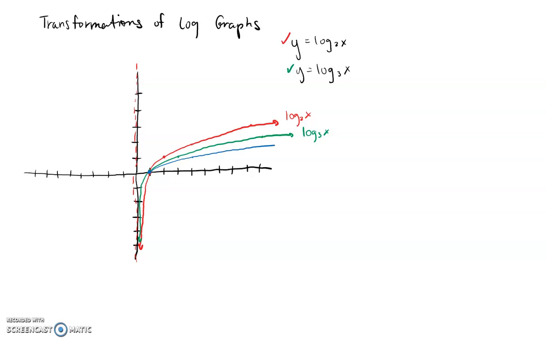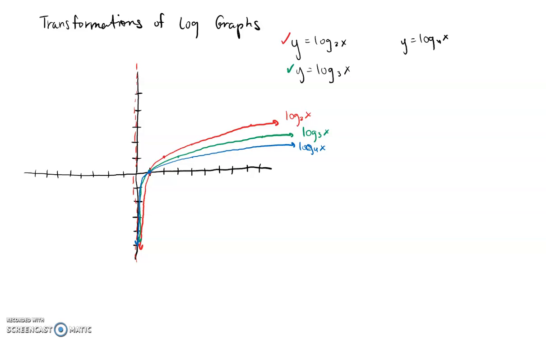So it would come under here like this, and then it would get flatter towards the asymptote like this. Okay, so there's log base 4 of x. Now remember, we did, let's write that down, y equals log base 4 of x.